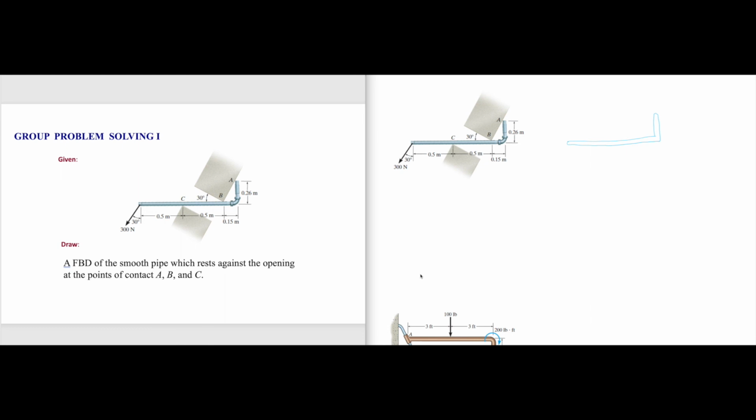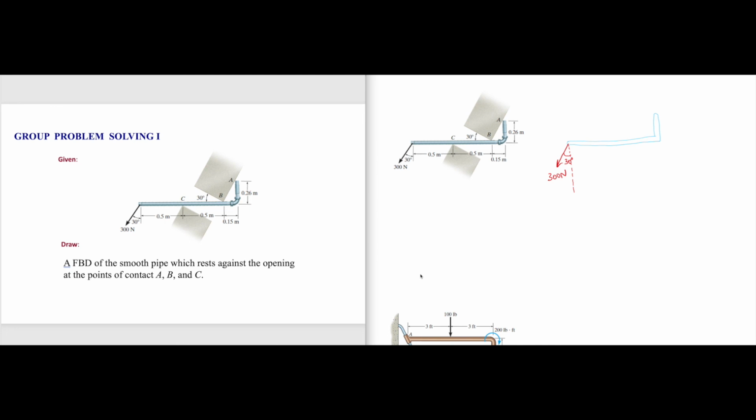Then I will draw all the forces acting on the pipe. Number one is this 300 Newton, and this is 30 degrees.